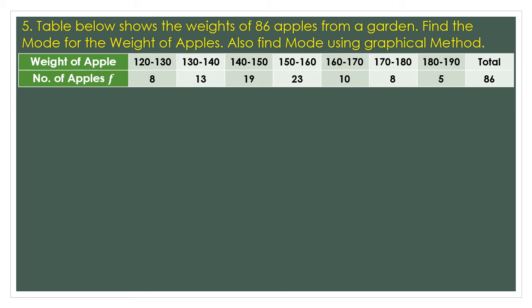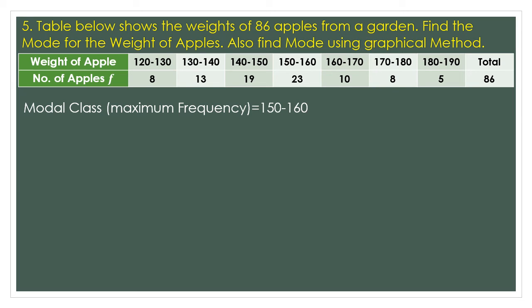We can directly use our regular modal class method, where the maximum frequency is 23, so the class is 150 to 160. Now we should remember here that for using the regular method we need the lower limit, the fm, the f1, the f2, and the class length.